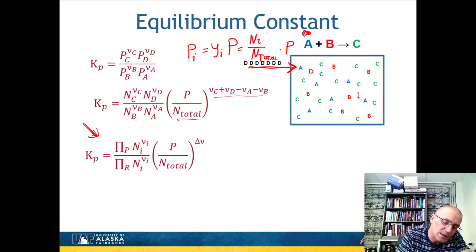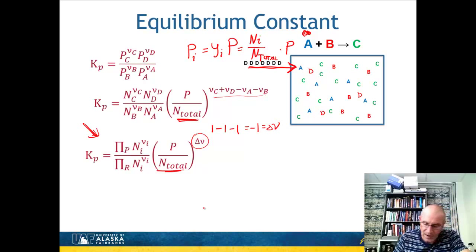Because if I start adding a bunch of D in here, I'm going to draw in some D's in fact, right? To put a bunch of D's in there, I'm increasing the number of moles. I'm increasing N total. And so if I look at this equation, I'm increasing N total. Now, what's delta nu? Delta nu is the products minus reactants, so it's going to be the 1 in front of the C minus the 1 in front of A, 1 in front of B. So delta nu is minus 1.